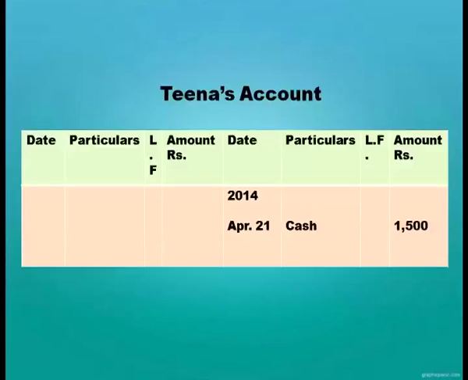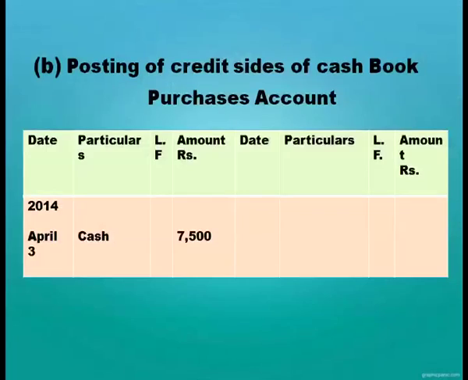Then Tina's account. In the cash book, on the debit side, you must have posted this. Then on the credit side of Tina's account, you have to post by cash, date and amount in the respective columns.